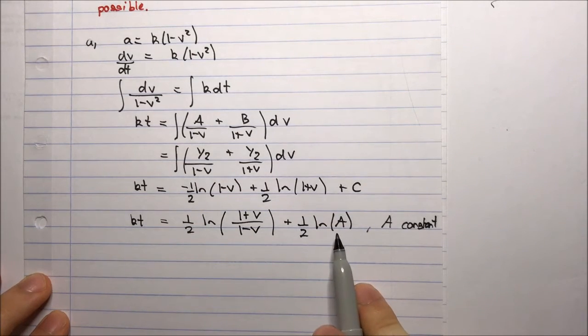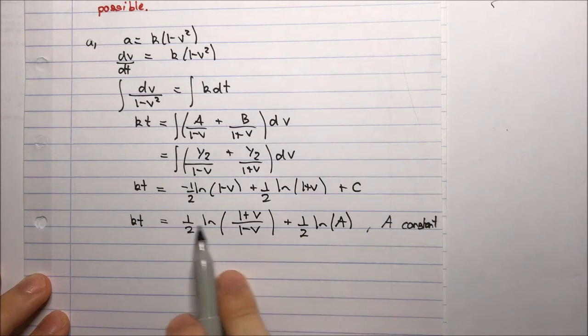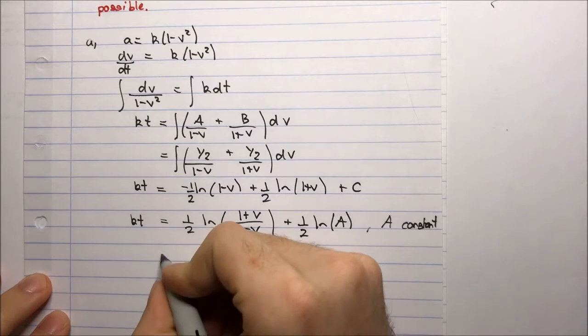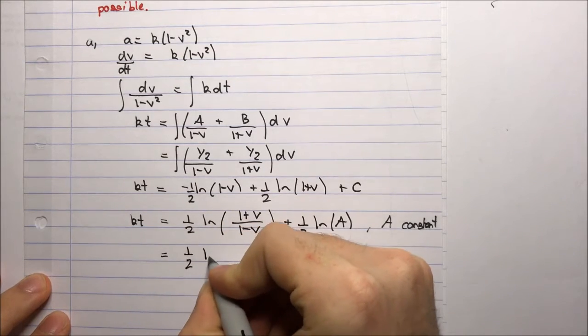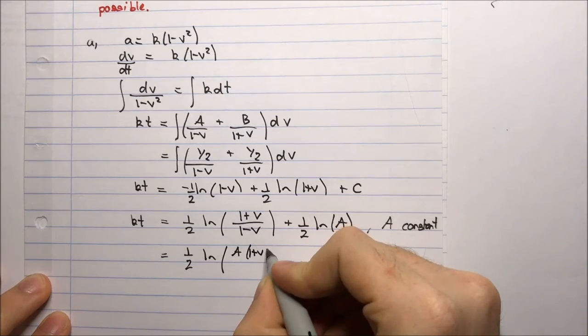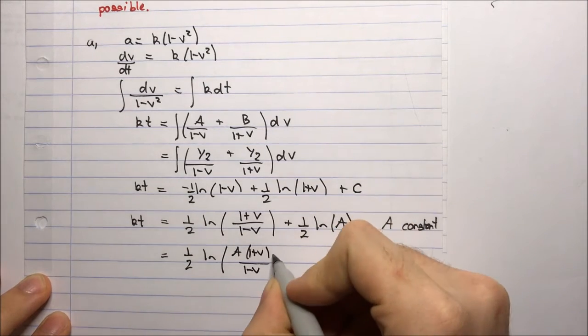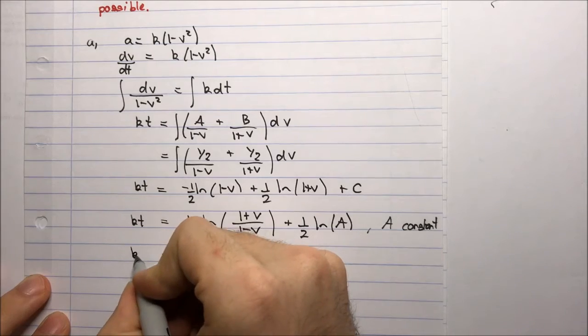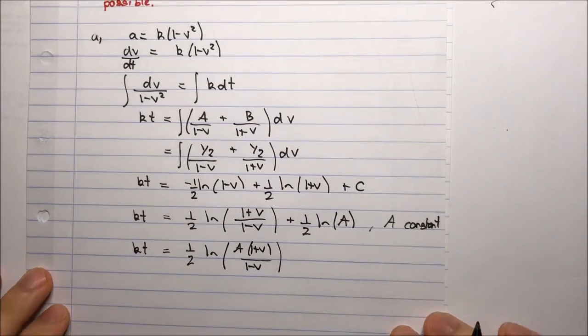But the reason I've done this is hopefully you can see that we can combine these logs. I can get a half log of a into 1 plus v over 1 minus v equals kt, and then I can rearrange for v.